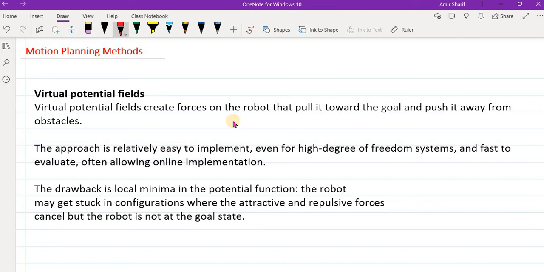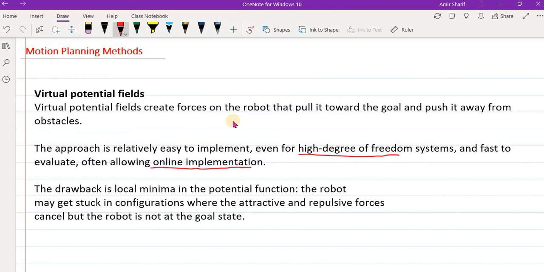The approach is relatively easy to implement even for higher degrees of freedom systems, and fast to evaluate, often allowing online implementation. Yeah, this is one of the strongest points here. So these methods can be used online.